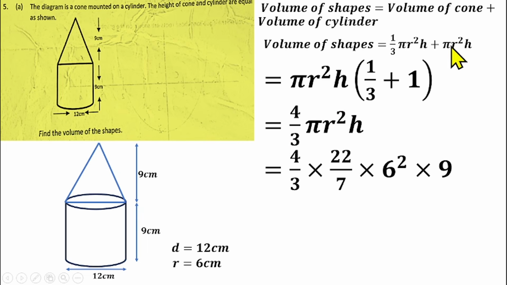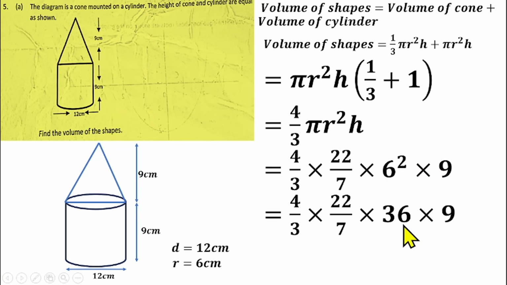So that's why we are able to factorize h out here. There will not be a problem here. If you simplify further, you'll be having 4/3 times 22/7, 6 squared is 36, times 9. If you simplify that with your calculator, we have 1357.7 centimeter cube as the volume of the shape.